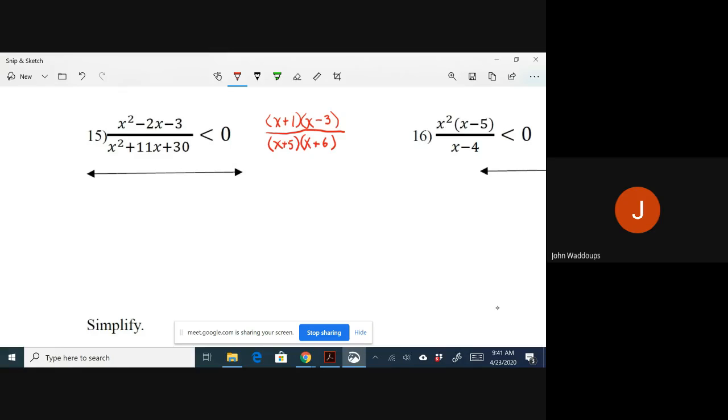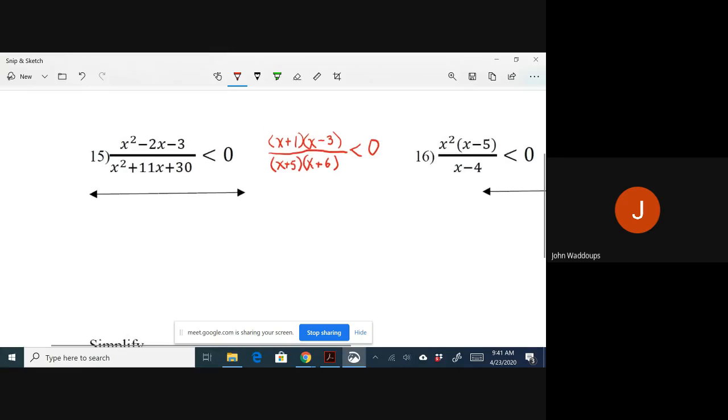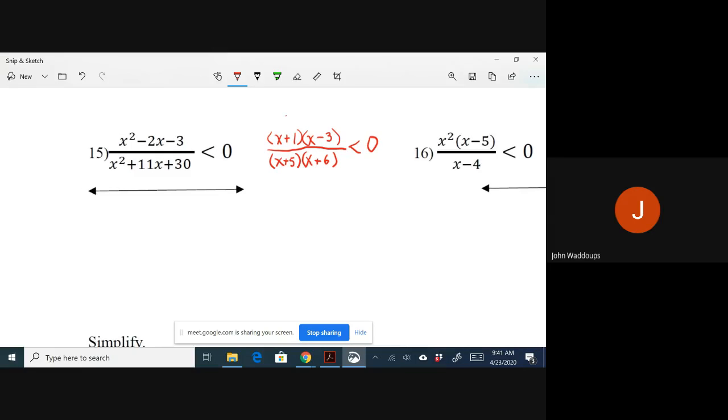So now that we've got it all factored, this is less than 0. Now we look at each one of those separately. Here, x equals -1, because if I put -1 in here for x, -1 plus 1 is 0.